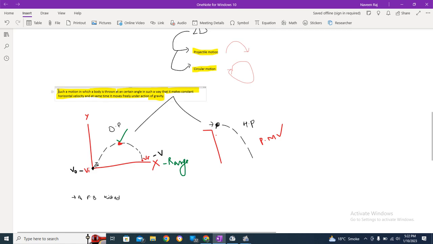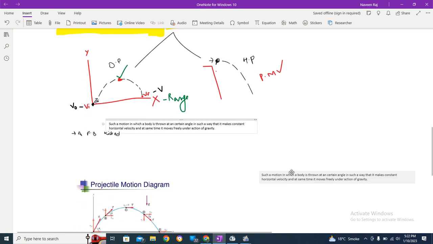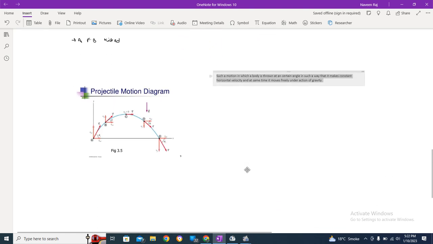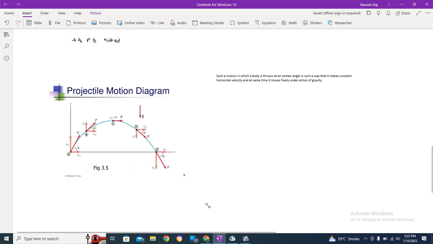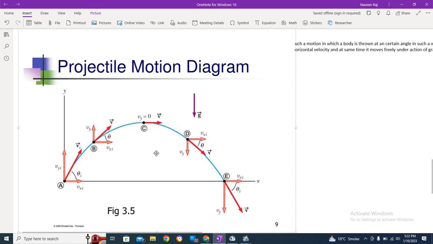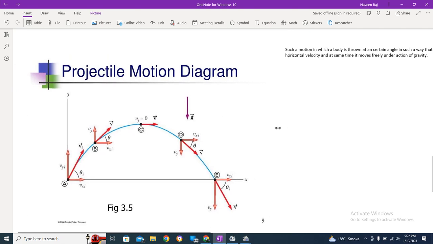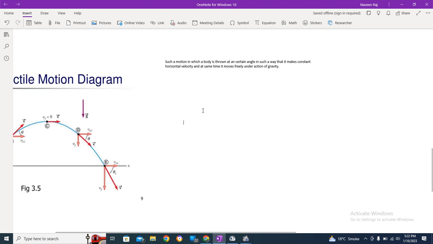I'm just moving this definition over here because our primary focus in this video is on this. I've got a wonderful diagram for you as well that will make the topic clearer.